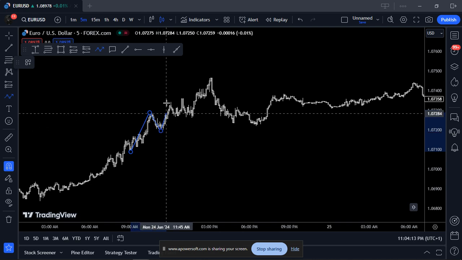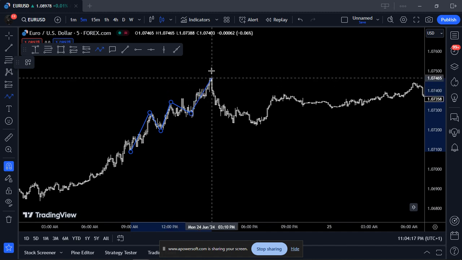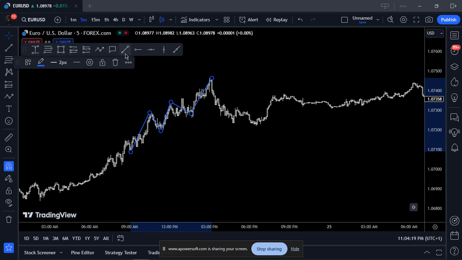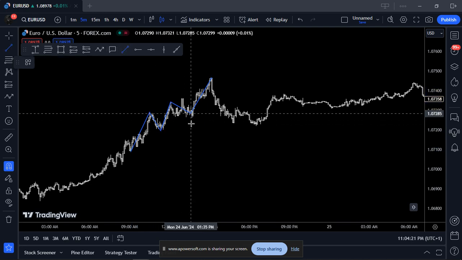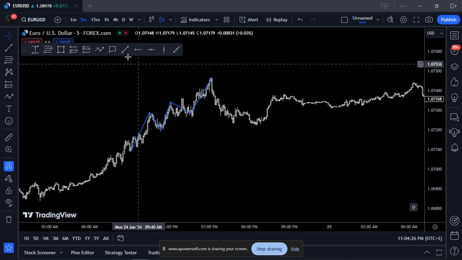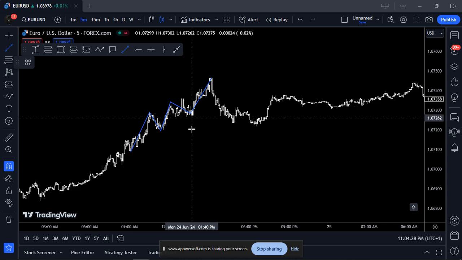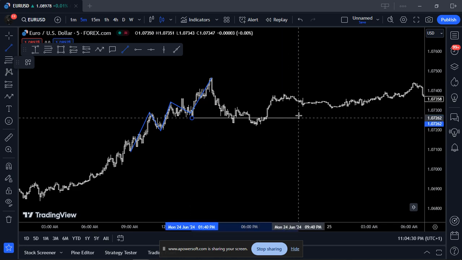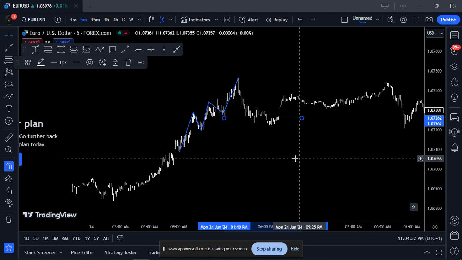Yes, so this here is the last opposing liquidity.